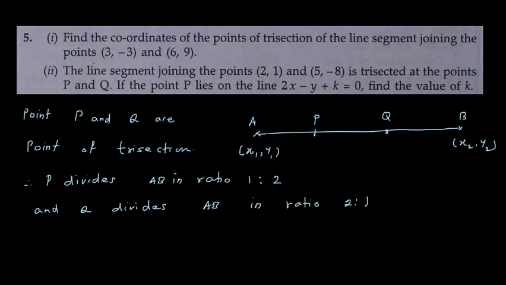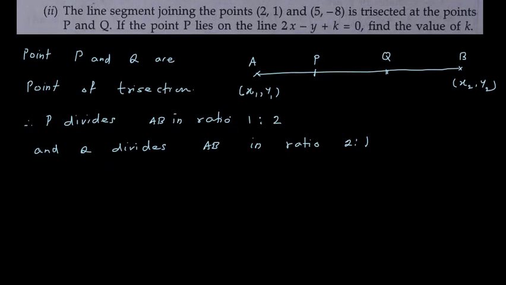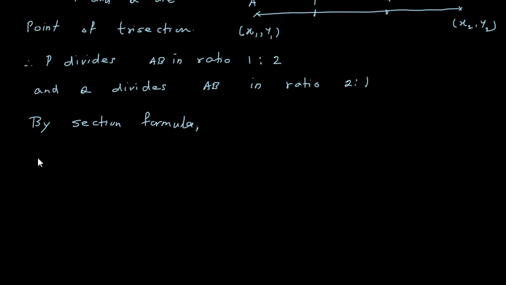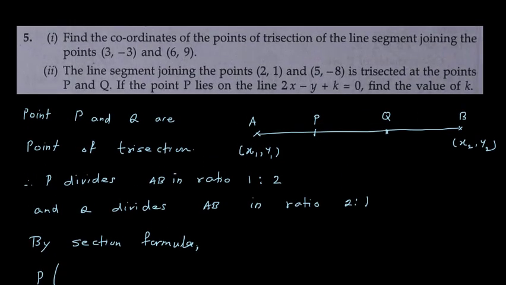So I will say that by the section formula we define P as, now here (x1, y1) is (3, -3), and (x2, y2) is (6, 9).